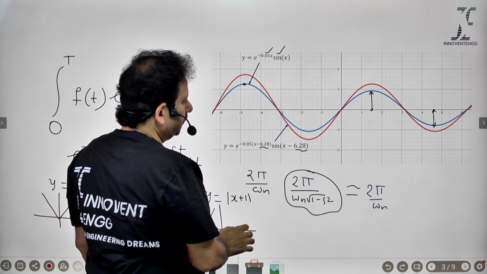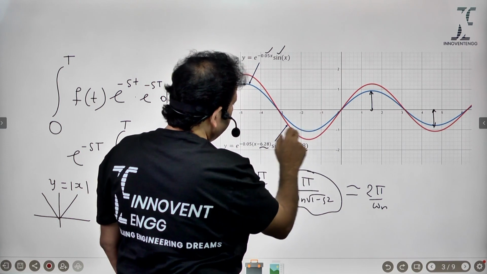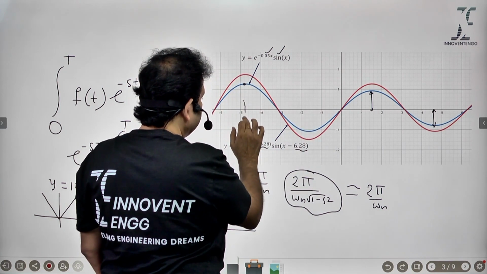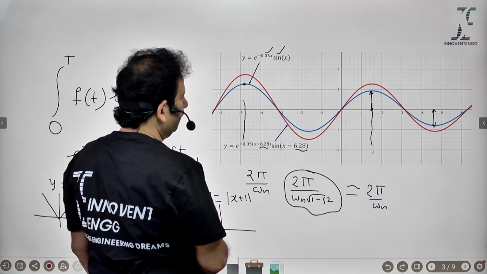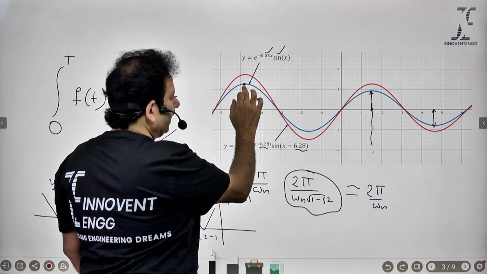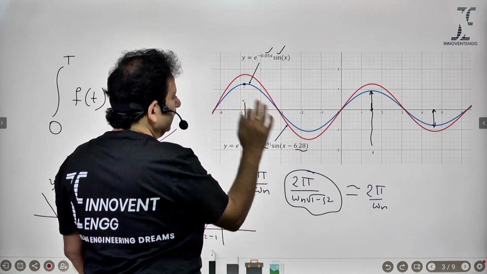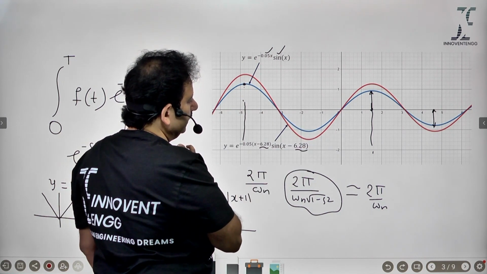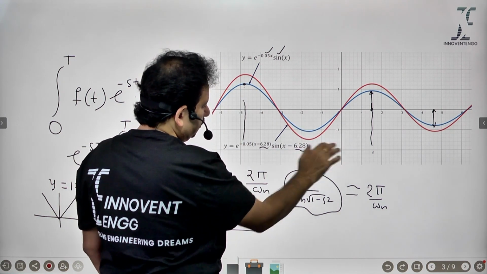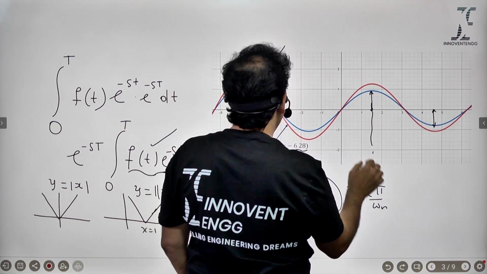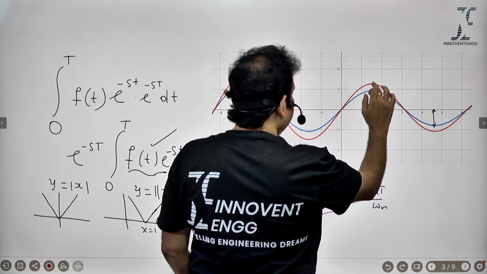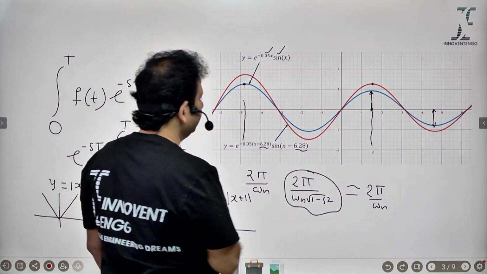If I consider an interval of 2 pi, what amplitude this blue wave had 2 pi radians before, the red wave is going to have the same amplitude after 2 pi radians.